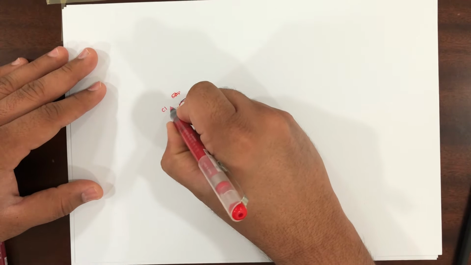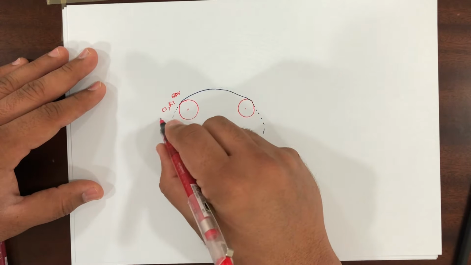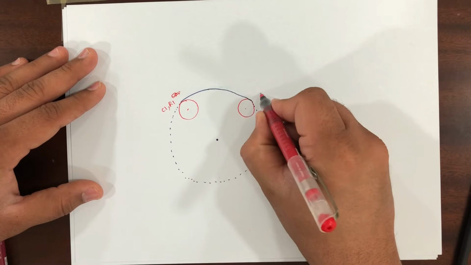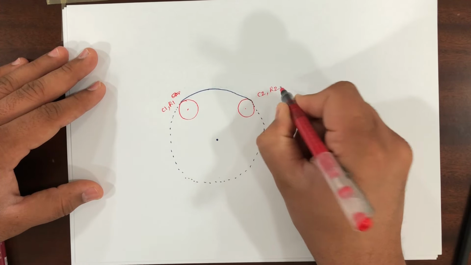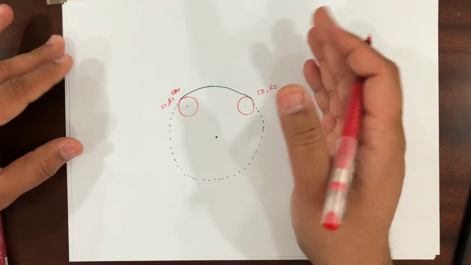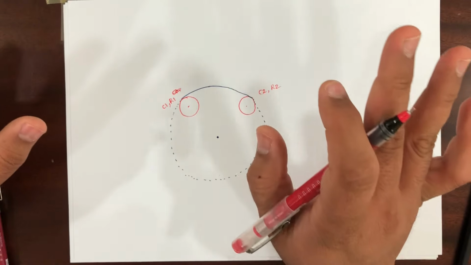Suppose this one is C1, R1, okay. Circle 1, radius is how much? 1. C2 and R2, same like before. Circle 1, radius 1, circle 2, radius 2, okay.